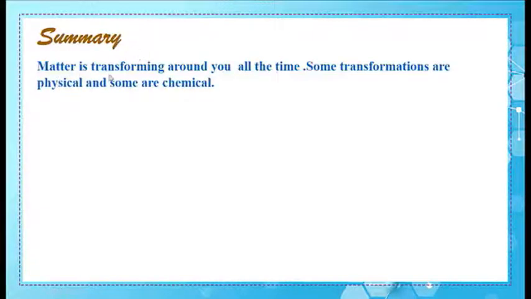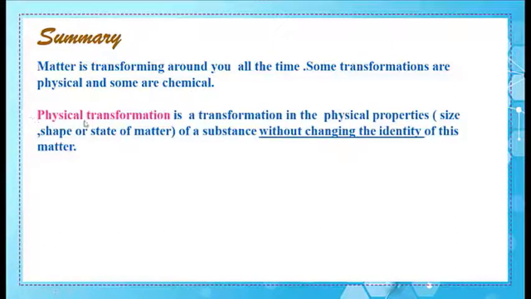As a summary, matter is transforming around you all the time. Some transformations are physical and some are chemical. Physical transformation is a transformation in the physical properties, which are size, shape, or state of matter of a substance, without changing the identity of this matter.